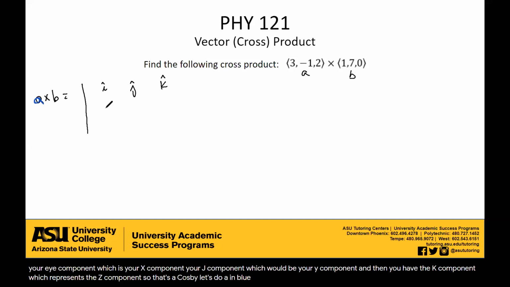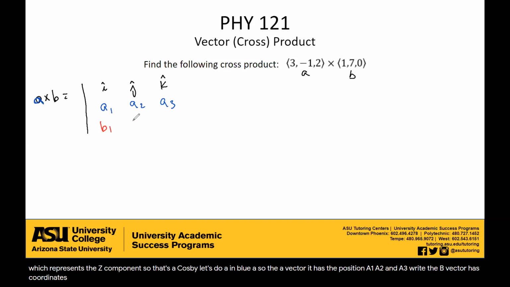The A vector has the position A1, A2, and A3, right? The B vector has coordinates B1, B2, and B3. So let's generalize this first before we solve our particular problem.